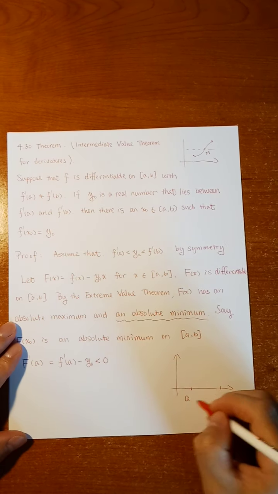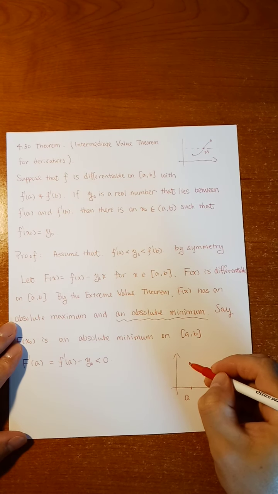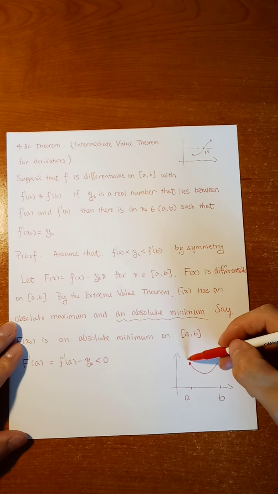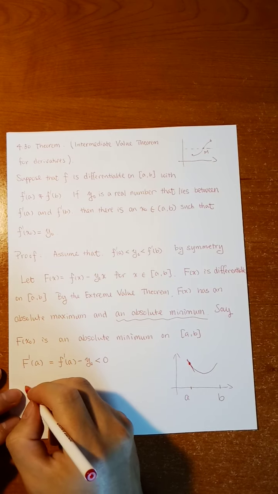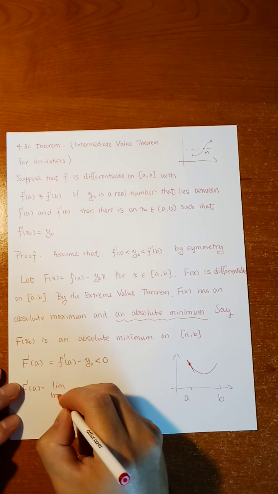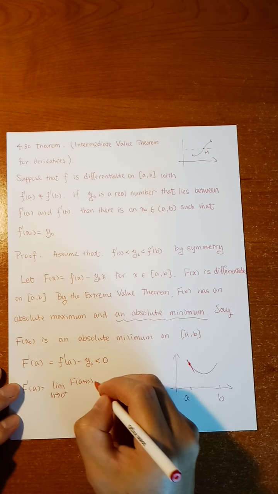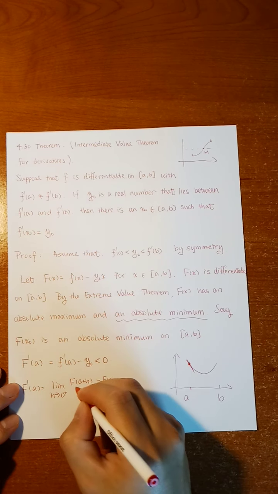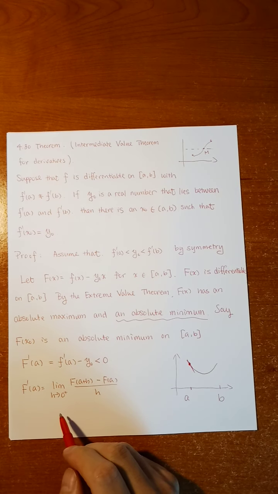If you have a function, the derivative is like this at the point a. So what is the derivative? Remember this is the left endpoint, so we have to assume h approaches from the right-hand side.